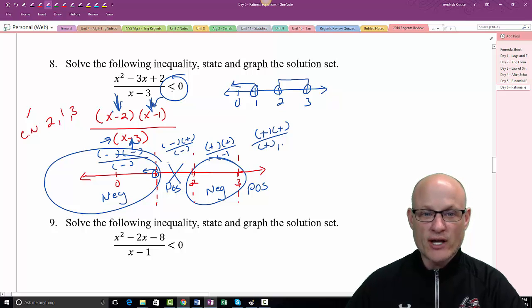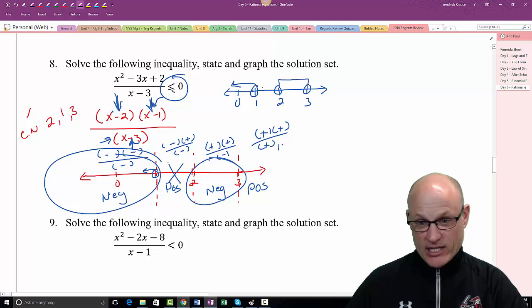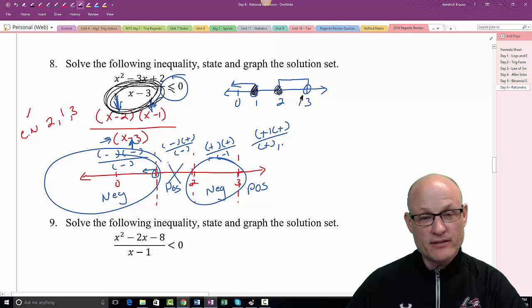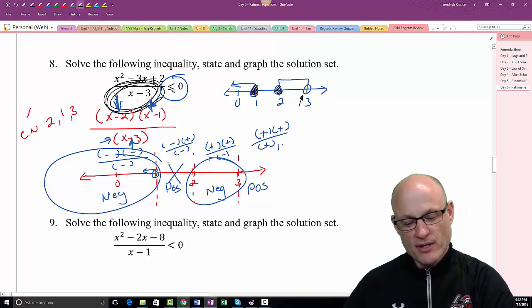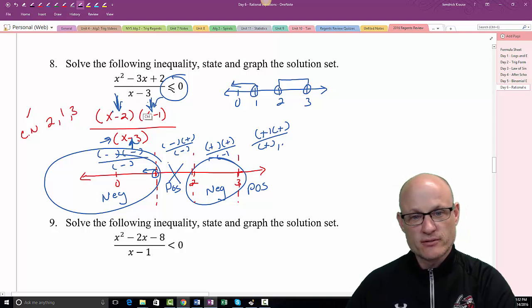Notice it doesn't have an equal sign, so these are open circles. Now let me show you how it would change if it did have an equal sign. I could fill in this circle and this circle, but I could not fill in this circle, because that would make the denominator undefined. But it doesn't have that, so let's get rid of it.